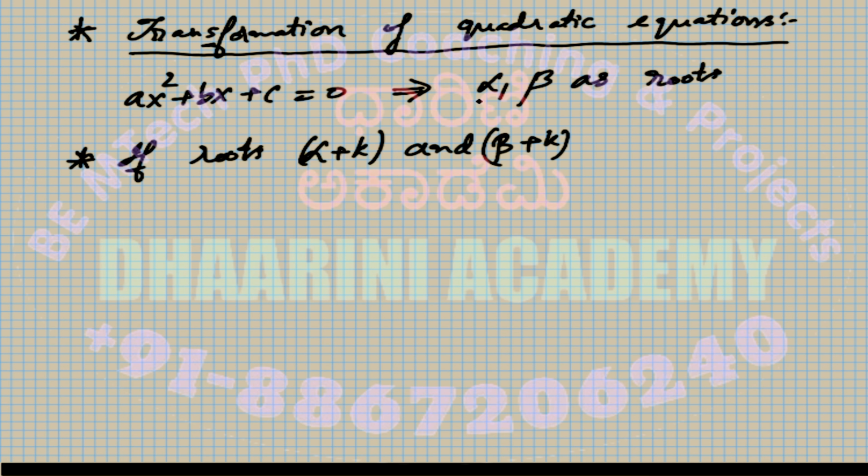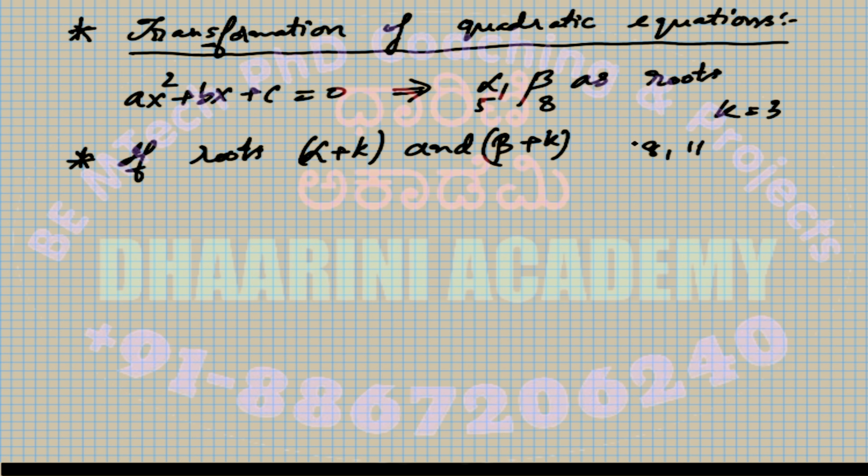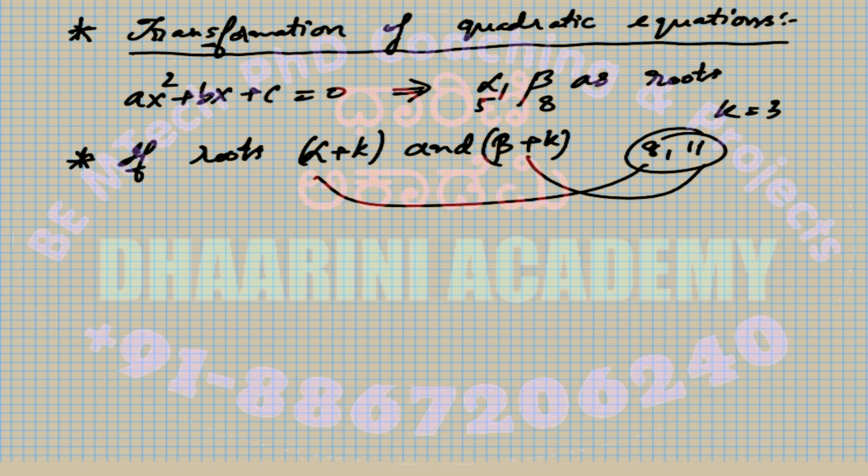Originally say alpha was 5, beta was 8. So now I add k equal to 3, which means I want to change my equation to the one with roots as 5 plus 3, that is 8, and 8 plus 3, that is 11, right? So that's what is alpha plus k and beta plus k.